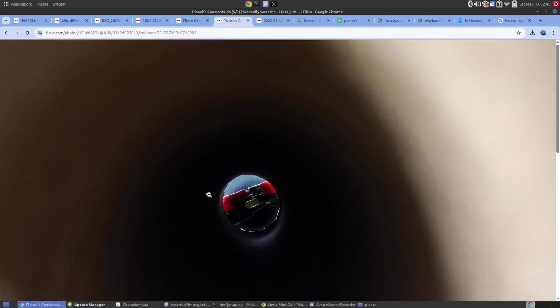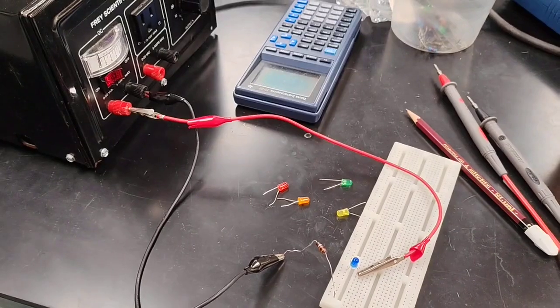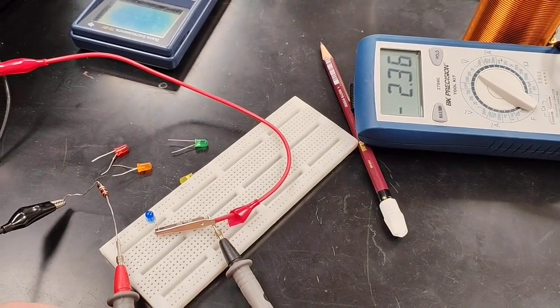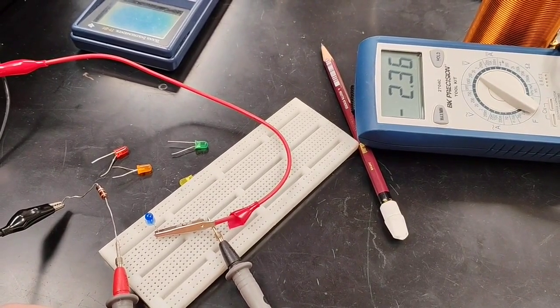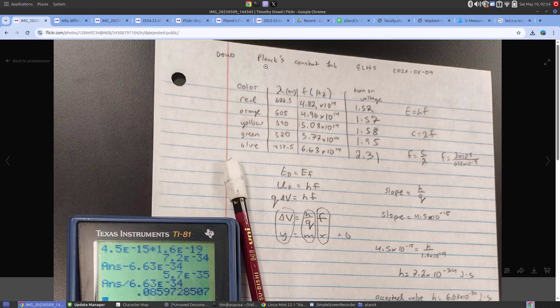Because we want our estimate of the band gap energy to be as precise as possible, it is really important that the LED is very dim, that we're counting just when it barely turns on. So this is a nice example of what you're looking for. And then I'll take the potential difference across it. And there it is. And now we're going to repeat for all the other different colors.